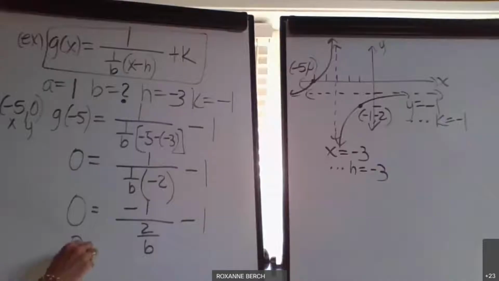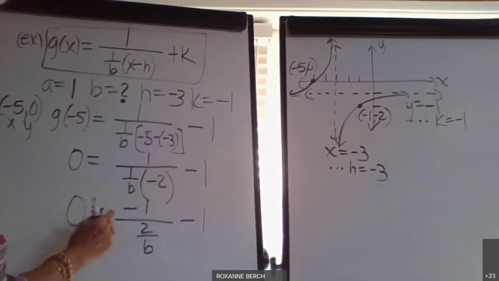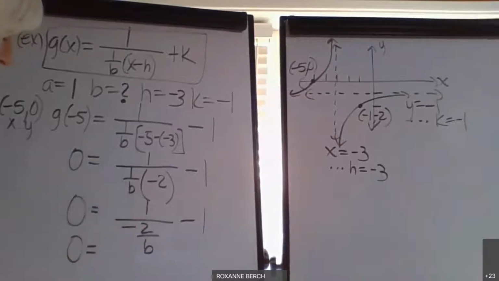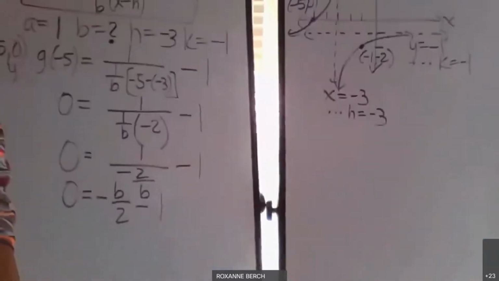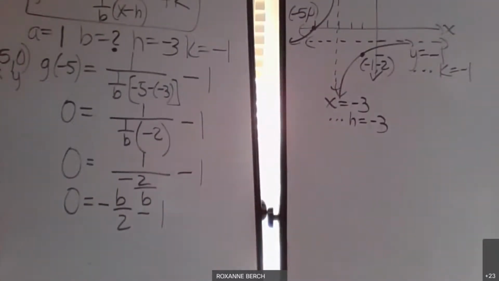So this would be 0 is equal to, there was actually no reason to move the negative, so I'll just leave the negative down here. So the reciprocal would be -B over 2, minus 1. Just the reciprocal. If you don't believe me, watch. 1 divided by -2 over B is 1 times the reciprocal, which would be -B over 2.